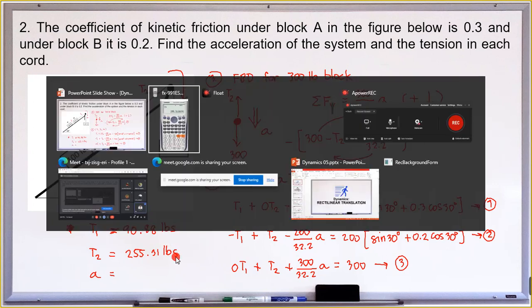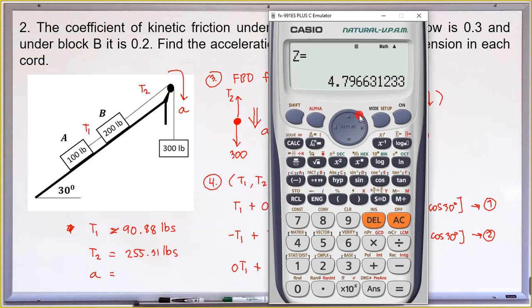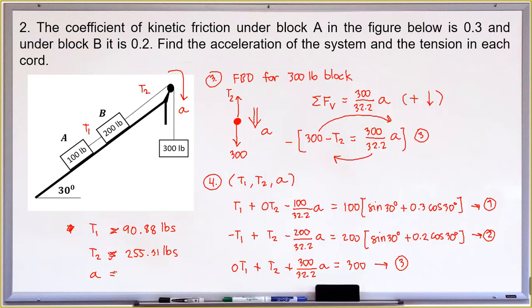And then for the acceleration, press equal again, 4.8, approximately 4.8. This is in feet per second squared. So these are our answers.